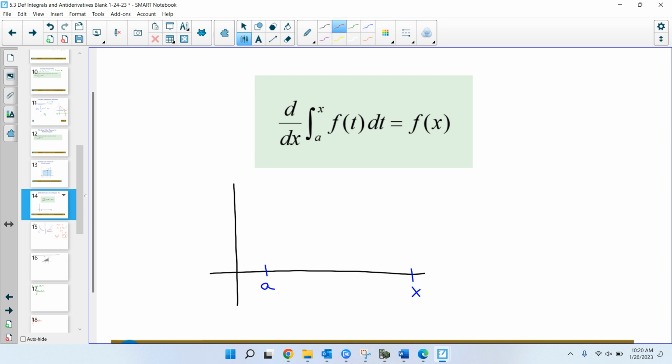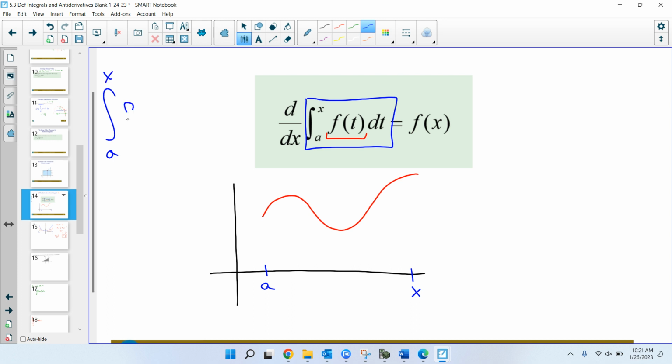So what do we have here? We have what's called the integrand f of t. If I just wrote the integral from a to x of f of t dt, what does that represent visually on this picture? Area?